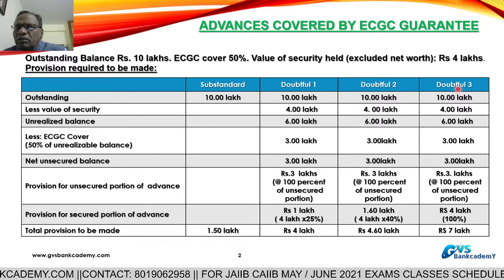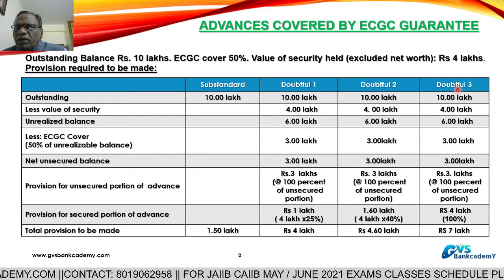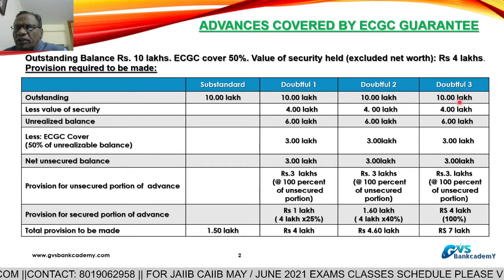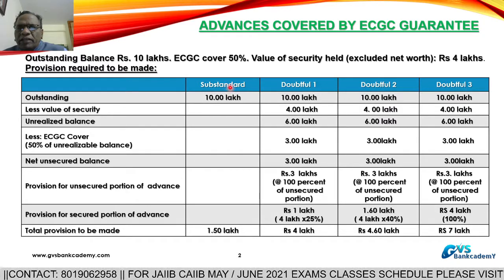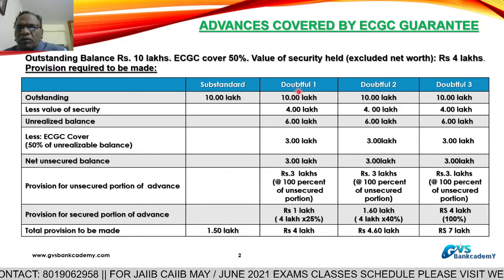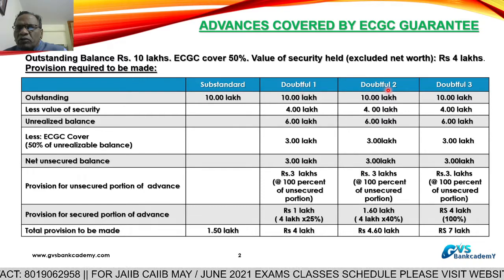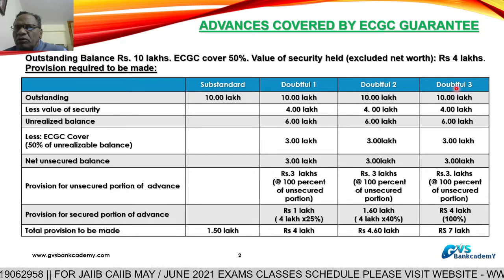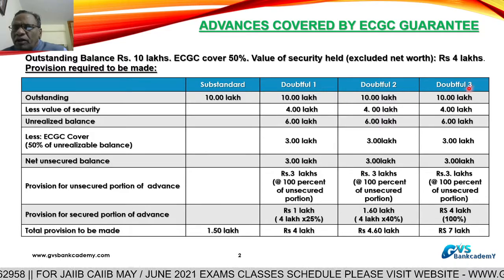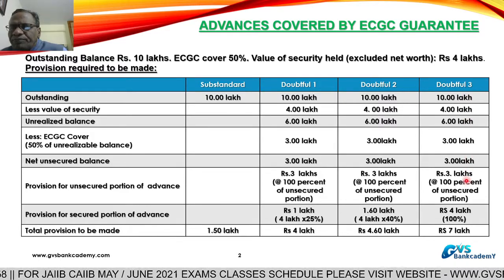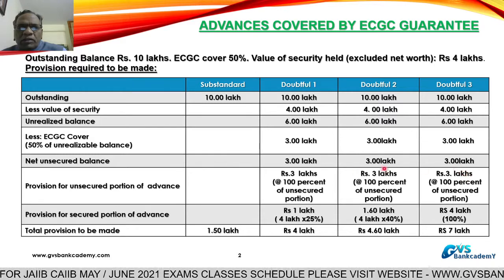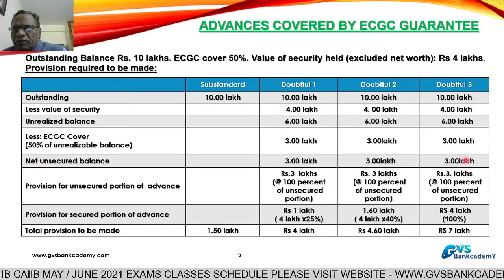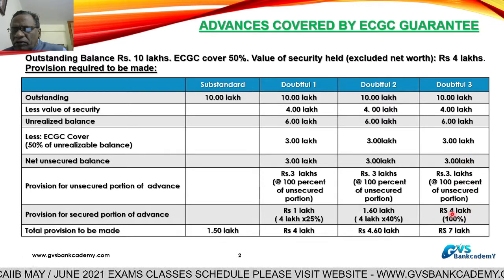Doubtful 3 is NPA after 4 years. So: standard asset, substandard, doubtful 1, doubtful 2, and after 4 years the NPA account enters the doubtful 3 category. Under doubtful 3, the provision is 100% on the unsecured advance and 100% on the secured advance also.